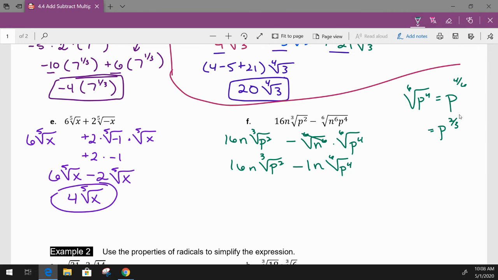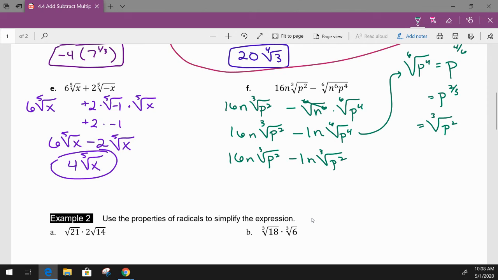So now that I've simplified this, I can rewrite it again as a radical. 3 is now my root and 2 is now my exponent. So as you can see, the sixth root of p to the fourth now is equivalent to the third root of p squared. So now we do have like terms.